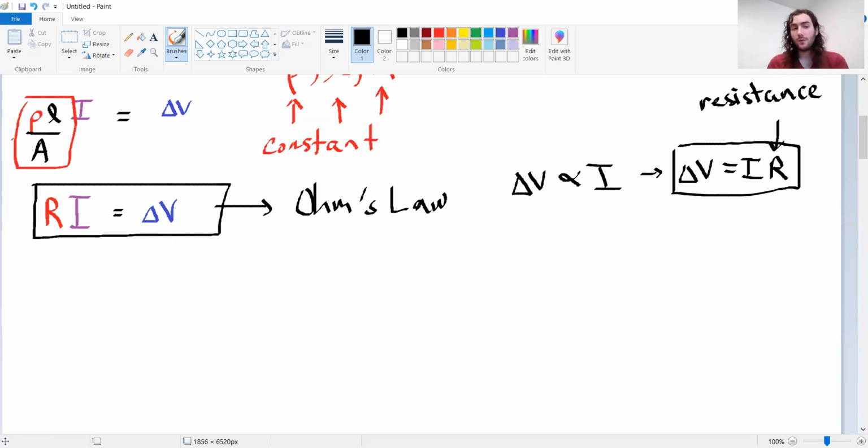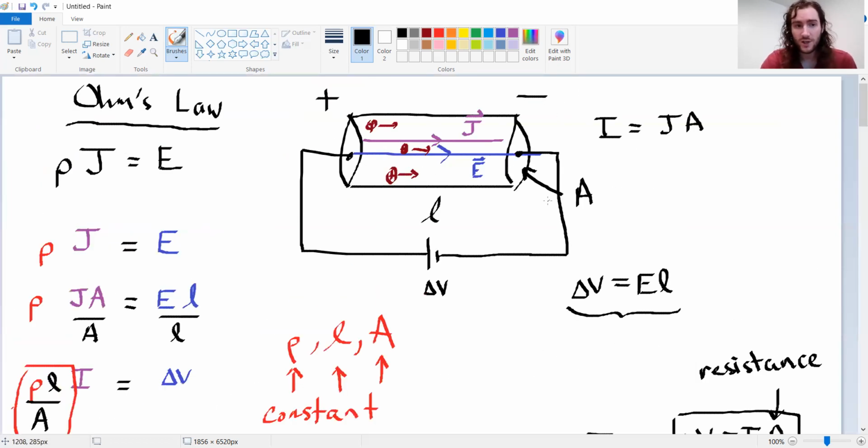And furthermore, if it has some other symmetry that's not cylindrical symmetry, we could repeat the same analysis and maybe something would change a little bit. I'll tell you exactly what would change. J times A would no longer be valid for the current, but we'd have to do a little integral, for example, if we had a sphere.